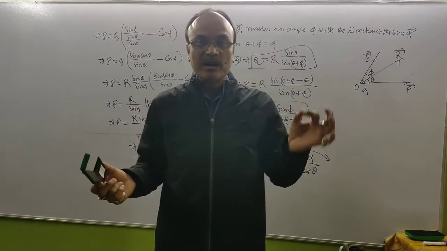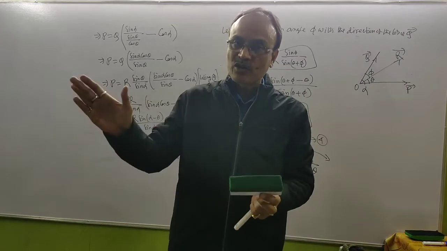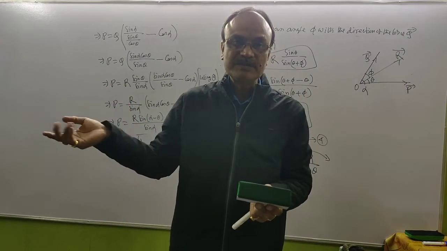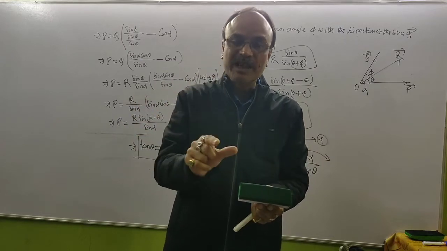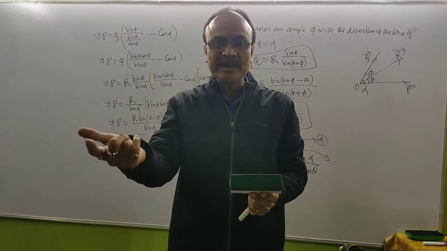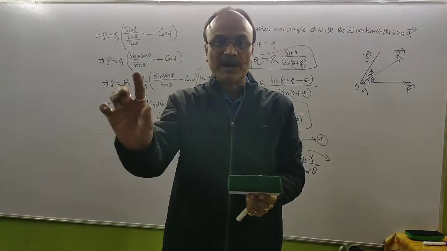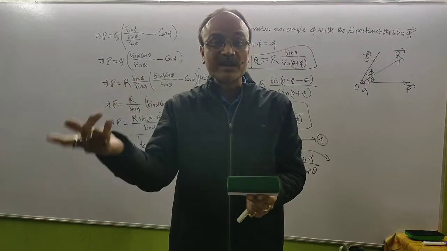Now, what we have learned so far? Law of parallelogram of forces we have defined, and using it we have derived that the magnitude of the resultant of P and Q is given by root of P square plus Q square plus twice PQ cos alpha. What is alpha?